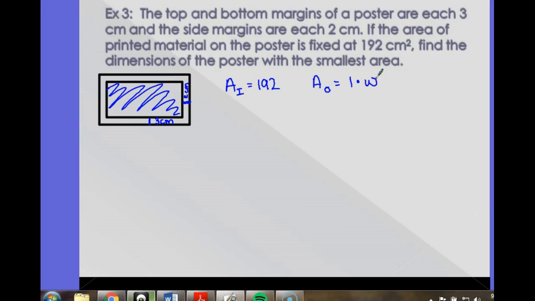Area is length times width. So what would this distance be here? It's our length, let's say. I hate to use the letter L because I think it looks like a number, so I'm going to transform it to an X. So this would be X. What would the inside be?